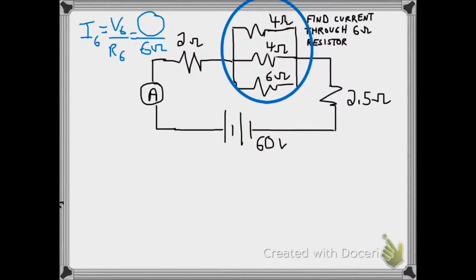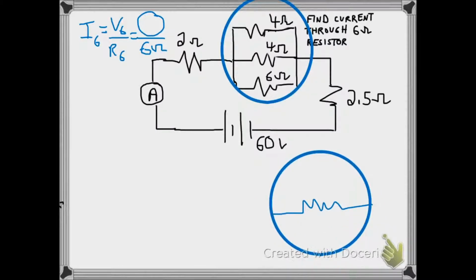We know the circuit gets 60 volts, but some of that is lost to the 2 ohm resistor and some is lost to the 2.5 ohm resistor. So what we're going to do is try to replace the 3 in parallel with what's called an equivalent resistance. That's the equivalent resistance of the 4 and the 6 ohm resistors.